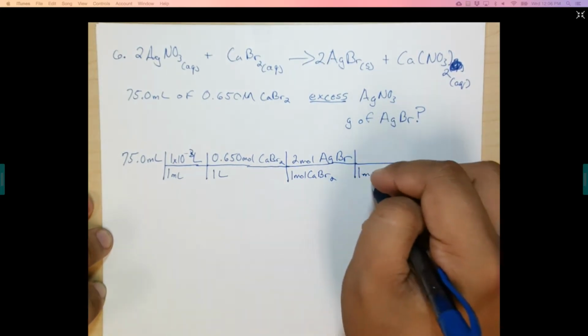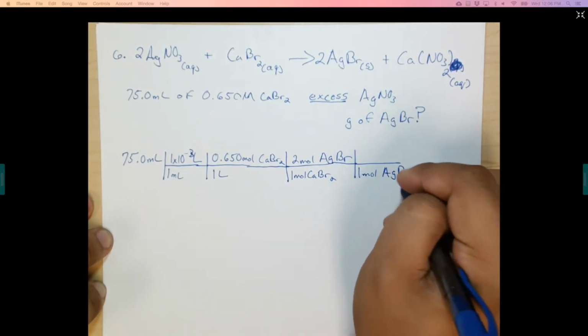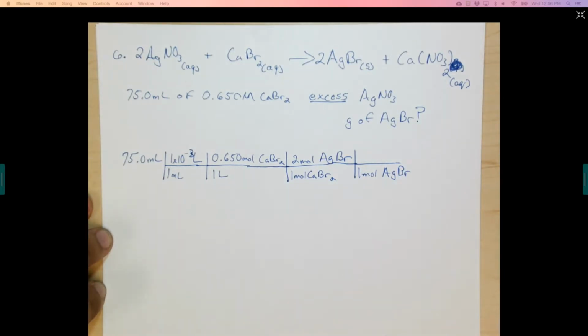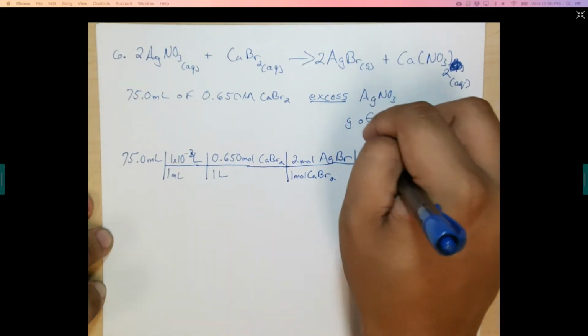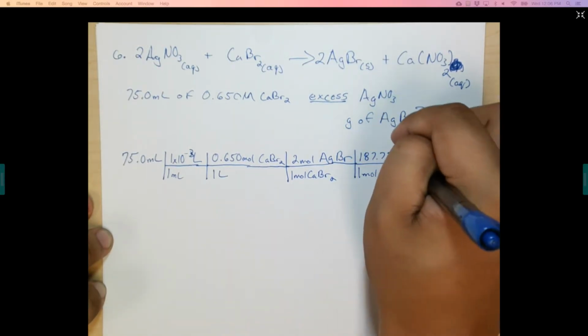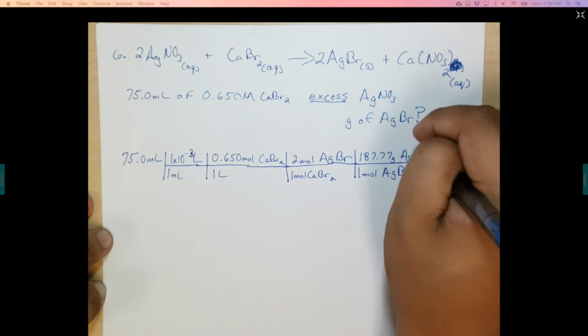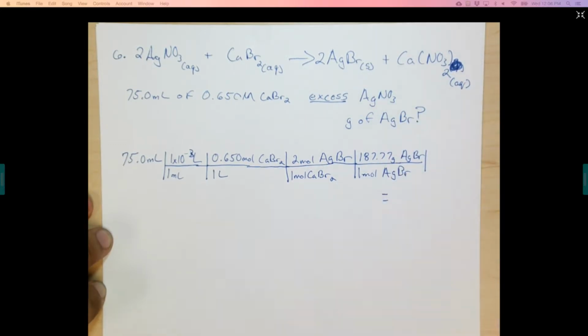And now for every 1 mole of silver bromide, we need to look at the molar mass, and 107.87 plus 79.9, 187.77 grams silver bromide. And we are done.